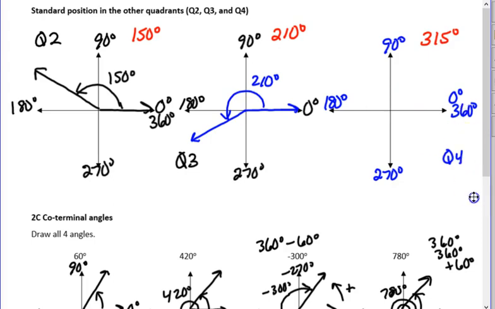So we're looking at this angle here, all the way around to here, is 315 degrees. Now later we'll talk about how we do trig and triangles with these kinds of angles. So these are angles in standard position.